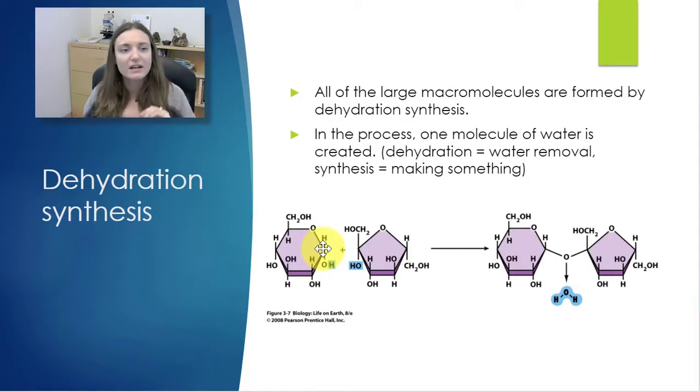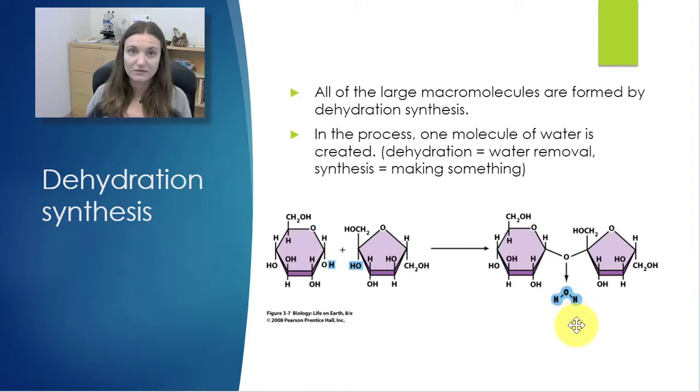So this oxygen is going to bind with this carbon instead of this hydrogen. This hydroxyl group, instead of bonding with this carbon, is going to grab onto this hydrogen to form water, right? So we connect these two monomers through this oxygen atom, and we basically remove a hydroxyl group and a hydrogen, which gives us a water molecule, H2O.